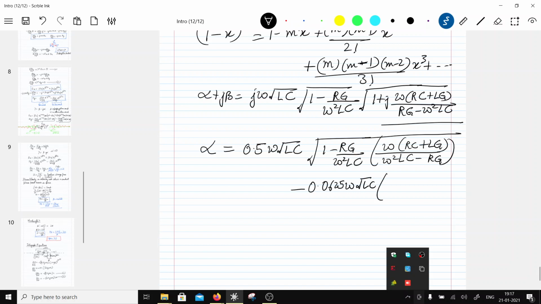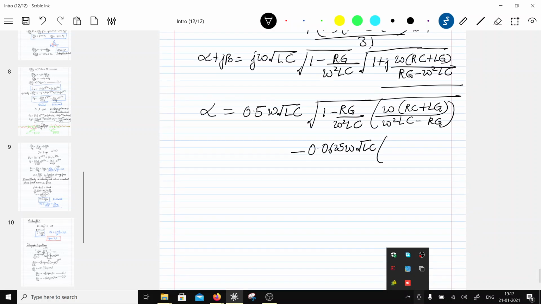Now here you have to do a lot of derivation to do this.